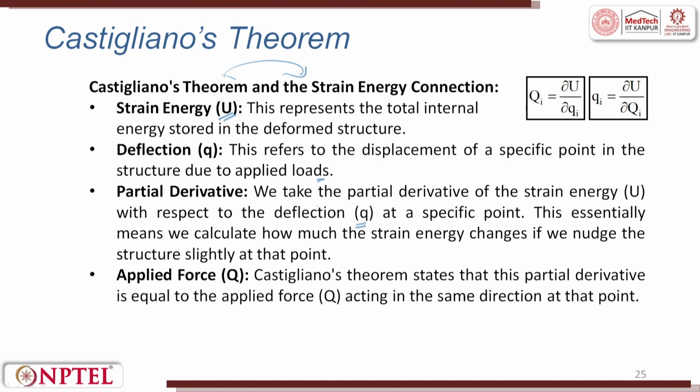This essentially means we calculate how much strain energy changes if we nudge the structure slightly at the point. Nudge is press. Applied force Q: the theorem states that this partial derivative is equal to the applied force Q acting in the same direction at a point.